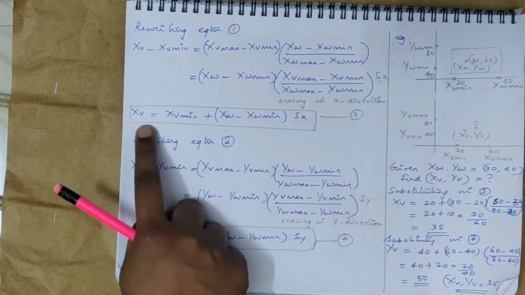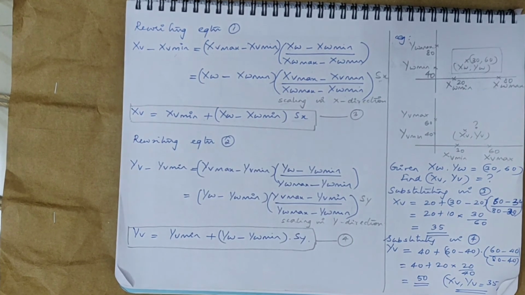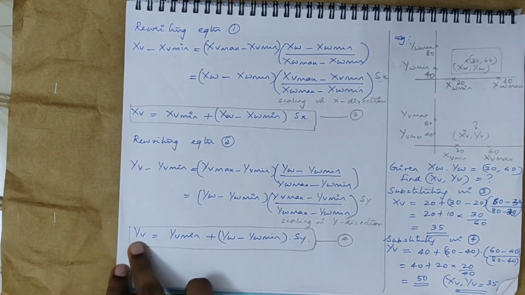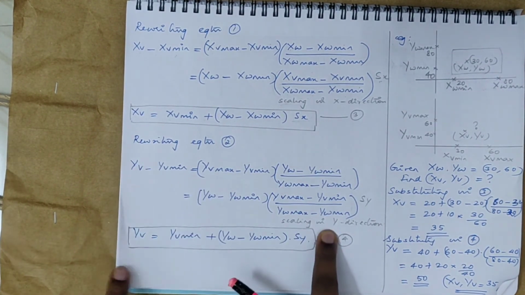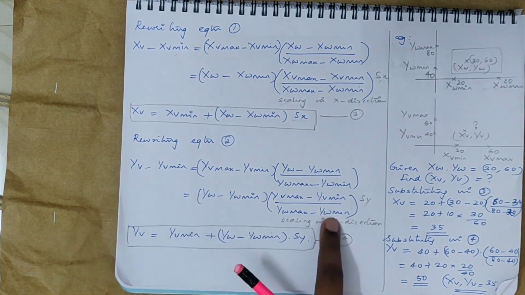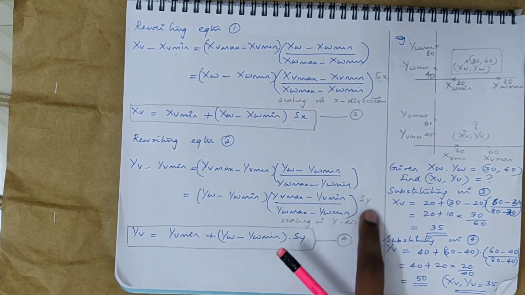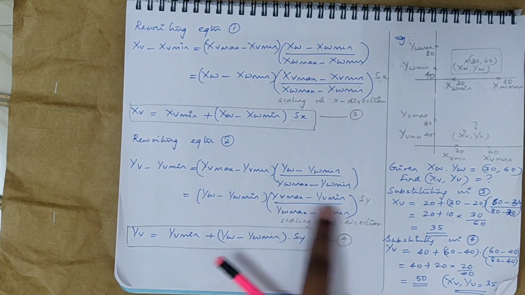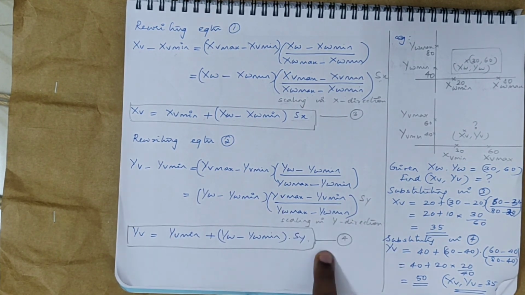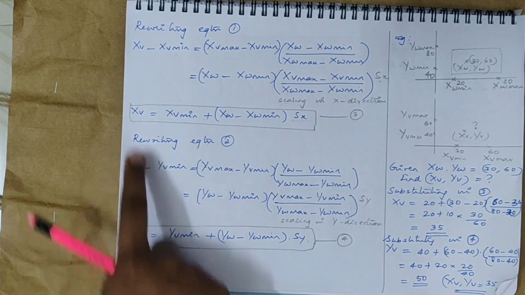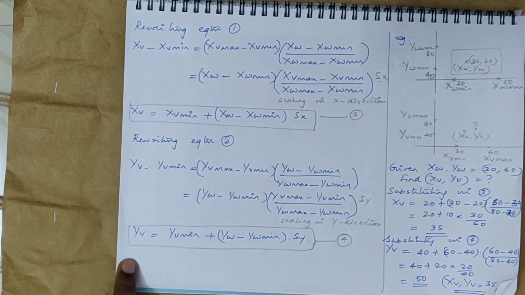So we got an equation for xv. Similarly, you will also get an equation for yv. I have written the steps here for calculating yv. Here also you will get a fraction for the scaling factor in y direction. So this is the final equation for calculating yv. So you have got a formula for calculating the point xv and yv.